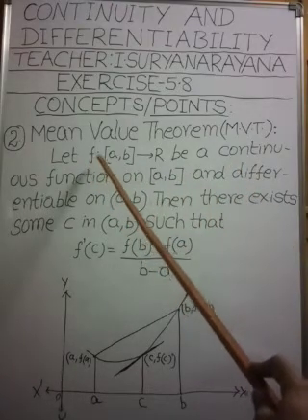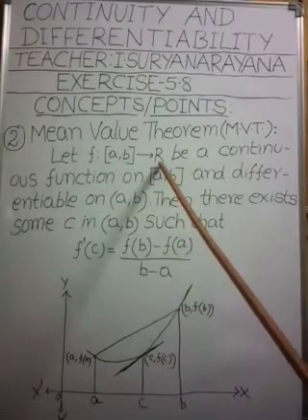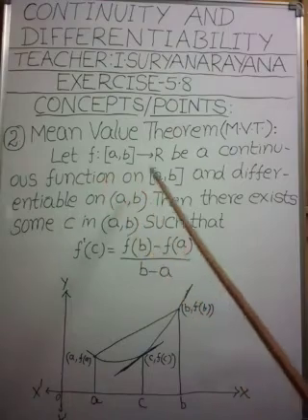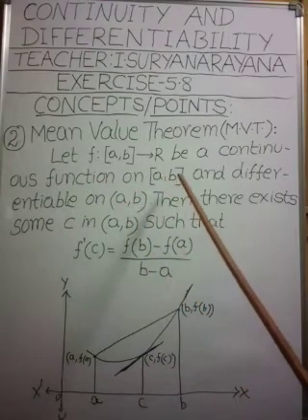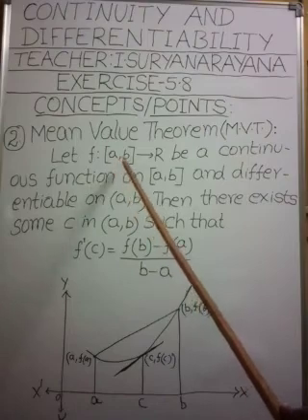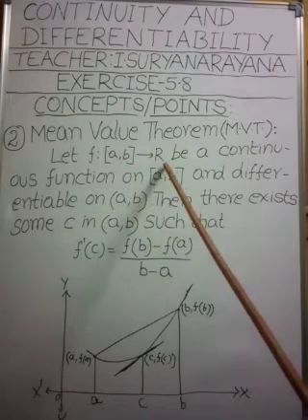Let f be a function from closed interval a comma b to the real numbers, and be a continuous function on closed interval a comma b. Understood, my dear children? Here f is a function from closed interval a comma b to the set of real numbers.